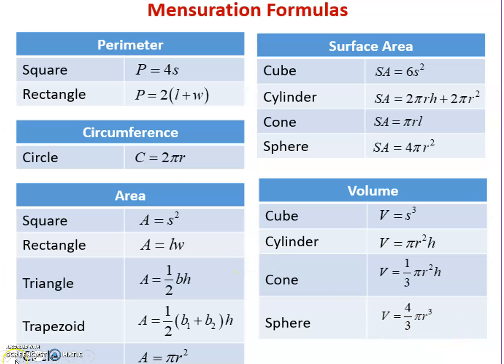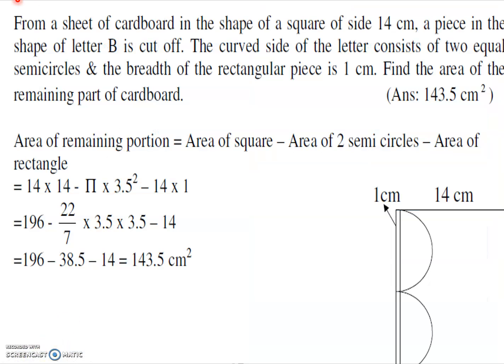Now, we have to focus on the next slide. What is given? From a sheet of cardboard in the shape of a square of side 14 centimeter, a piece in the shape of letter B is cut off.